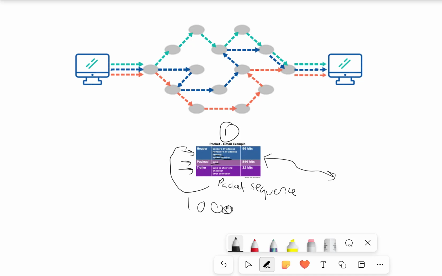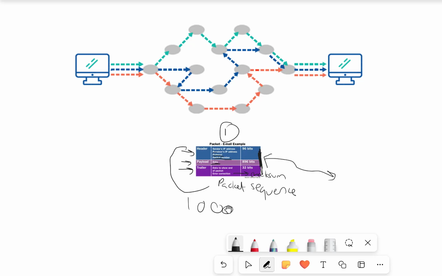The payload is the actual data being sent. So it'll be like, give me Netflix, or I want this movie. That'll be in the payload. The trailer has error correction, so it'll be using like a checksum to make sure that the accuracy of data is high, as well as data to show the end of the packet, to basically be saying this is the end of this packet.